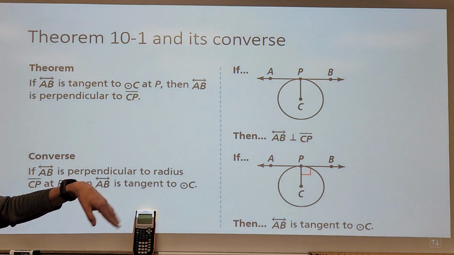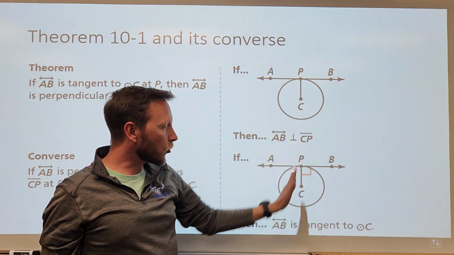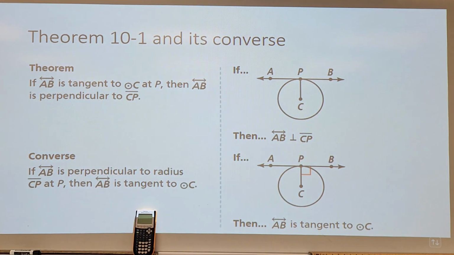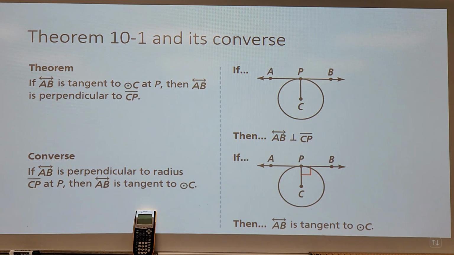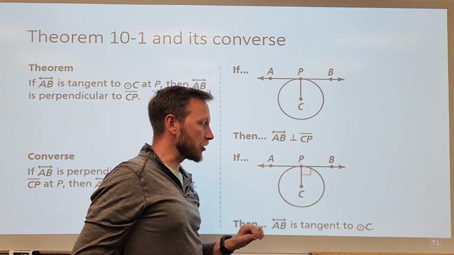Conversely, if a line is perpendicular to the radius, then it is tangent to the circle C. If AB intersects point P, which is on the circle, in such a way that it is perpendicular to the radius, then this line is a tangent line.